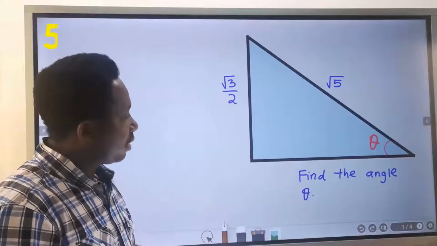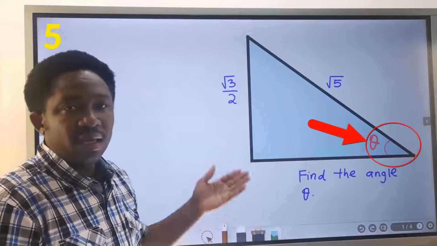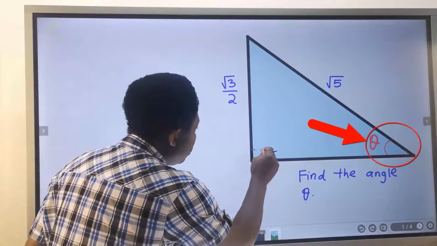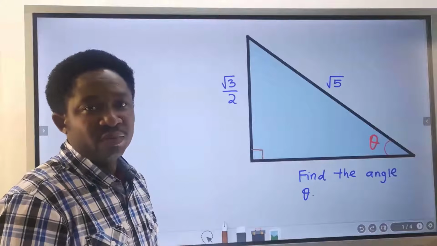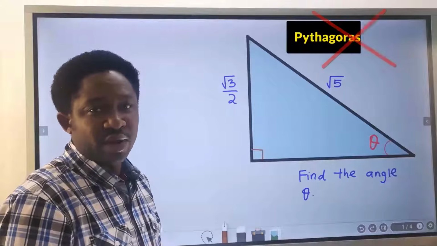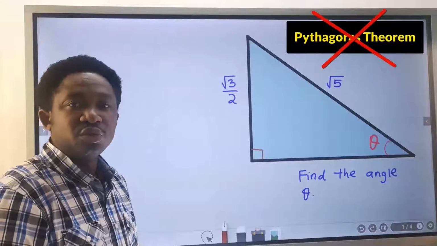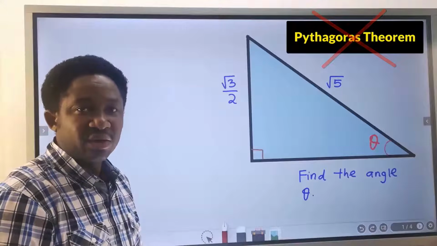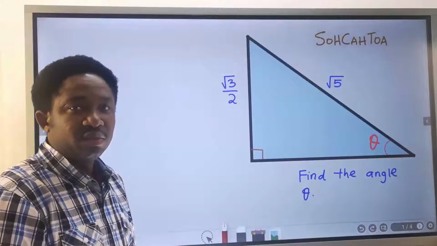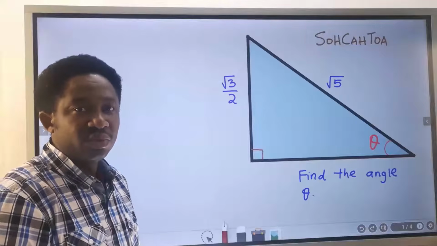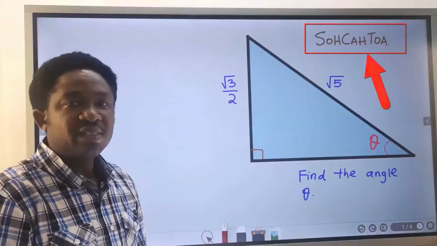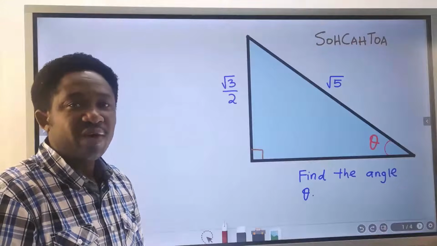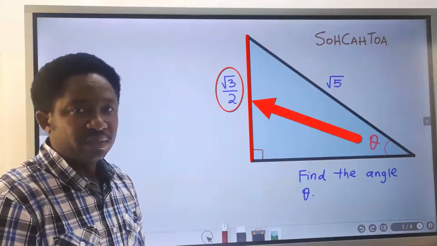Let's find the angle theta in this right angle triangle. When angles are involved in a right angle triangle, you should not think of Pythagoras theorem. You won't be using Pythagoras theorem. You will think of SOHCAHTOA. The first step is to identify the opposite.